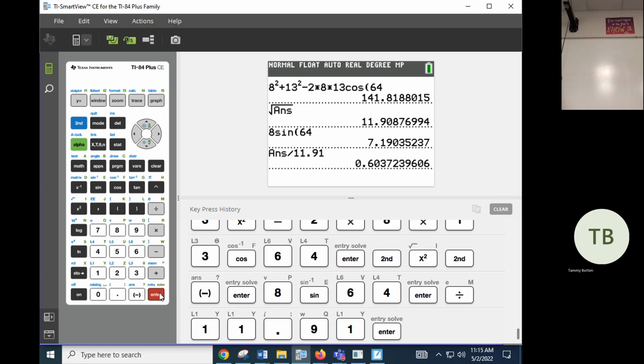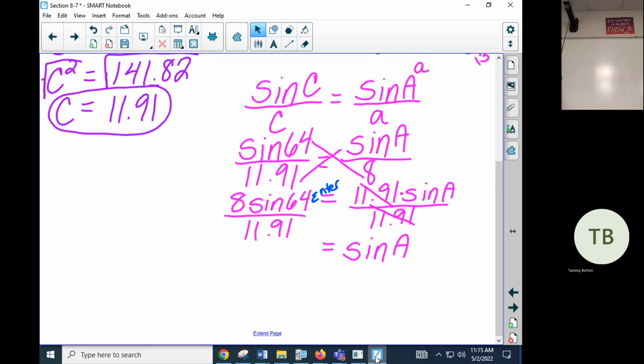Yes. So do you guys all agree that if this is our sine of A, which I could go back and write here, it's like 0.6037. Do you remember when you're looking for the angle, you do second sine of this?